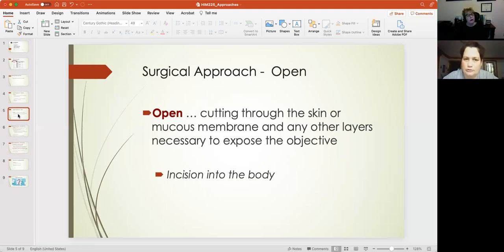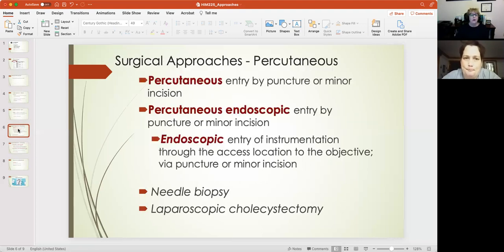So if the operative notes say, I used a number 7 scalpel and made a 7-centimeter incision, that's going to say, okay, that's an open approach, because of the word incision.